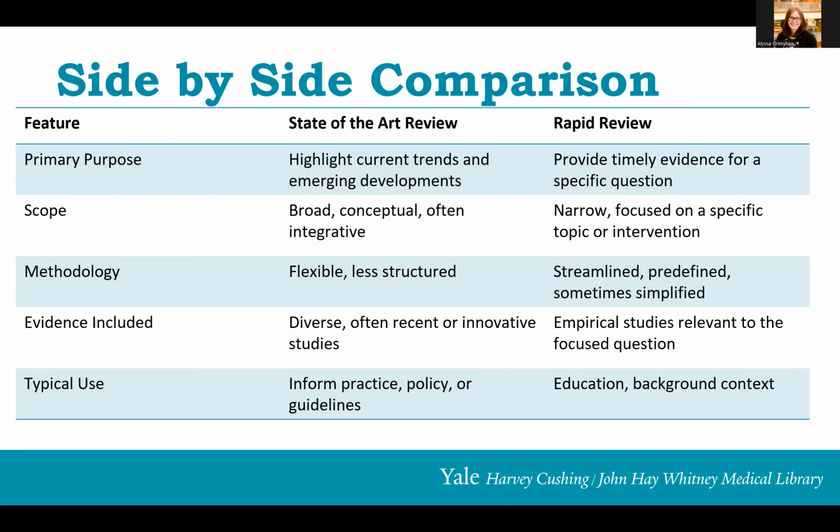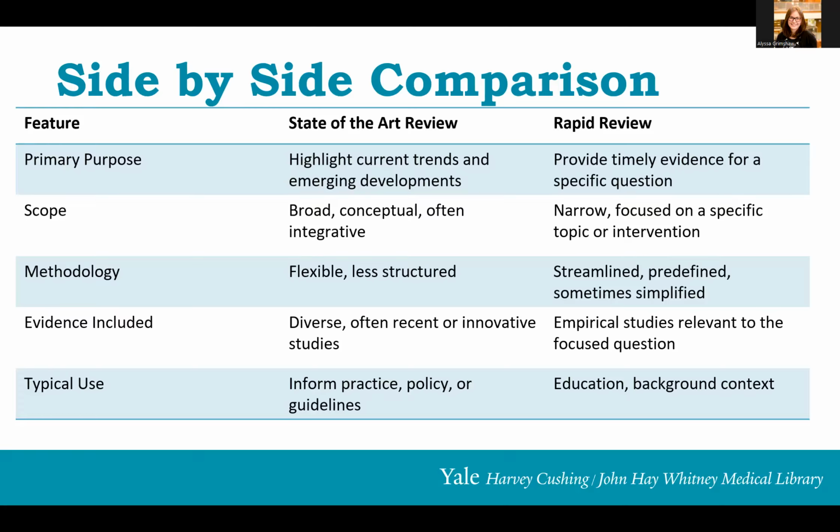All right, so if we were doing a side-by-side comparison between state-of-the-art reviews and rapid reviews, the main distinction lies in goal and the time pressure. State-of-the-art reviews are broad, conceptual, and aimed at understanding trends and innovation. So the time in this one is more focused on recency to publication, whereas rapid reviews are narrow, structured, and focused on providing quick answers and decision making.